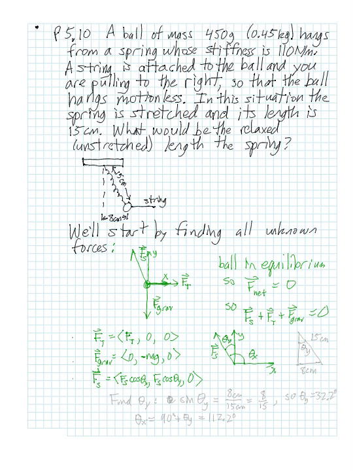So we are told that the length of the spring is 15 centimeters and that this distance is 8 centimeters. And so with those two bits of information, I can find this angle, which is the same as theta y.